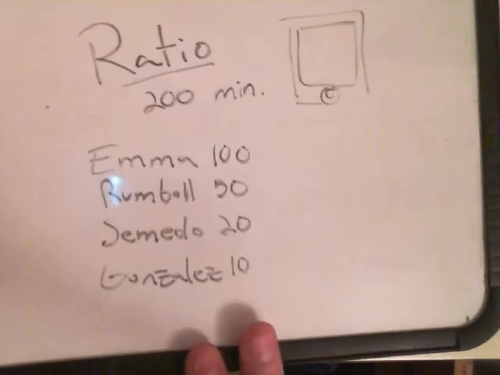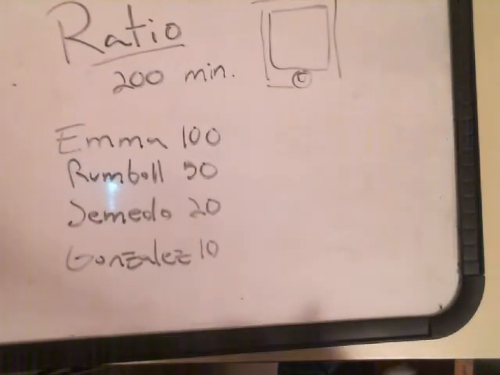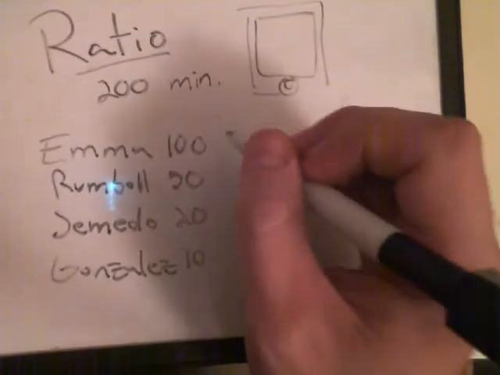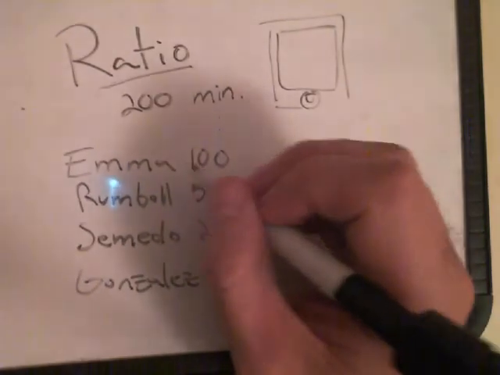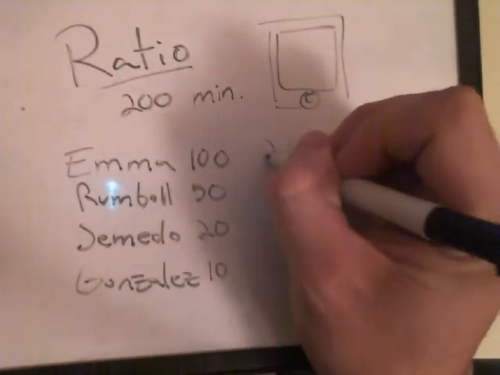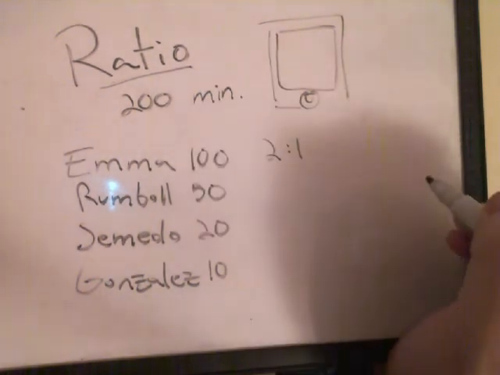Okay? Now let's think about this. Well, we already figured out that the ratio of minutes that I talk to Emma and Mr. Rumble is 2 to 1. I'm going to express it like that.